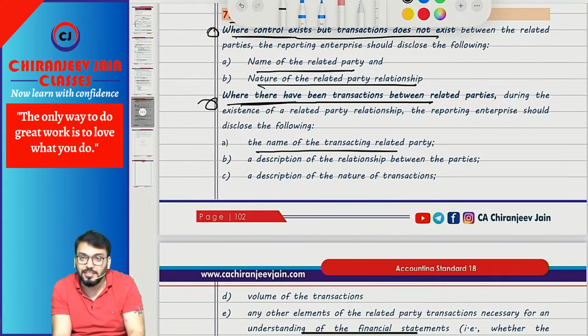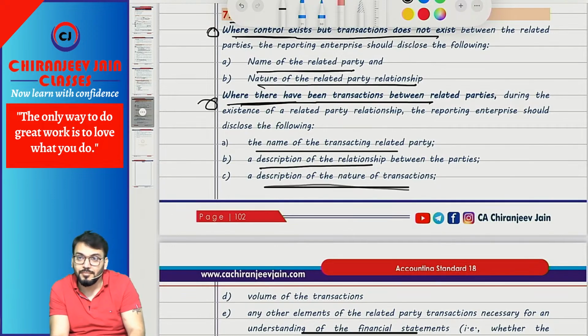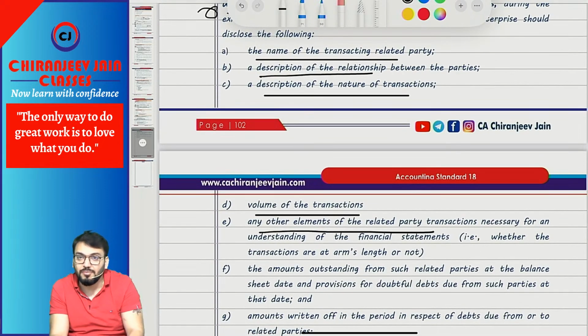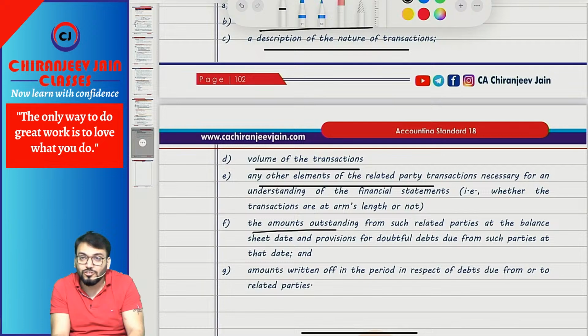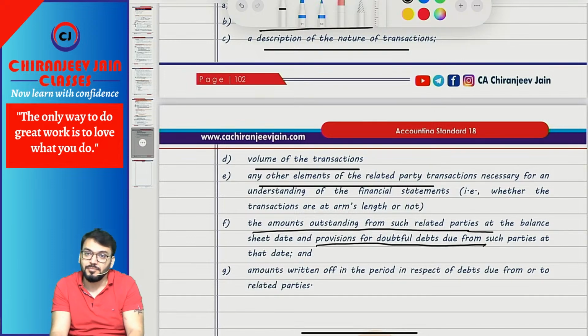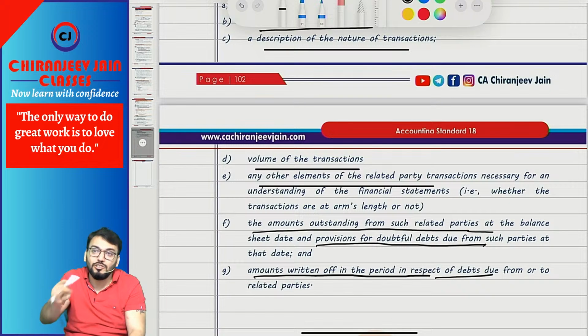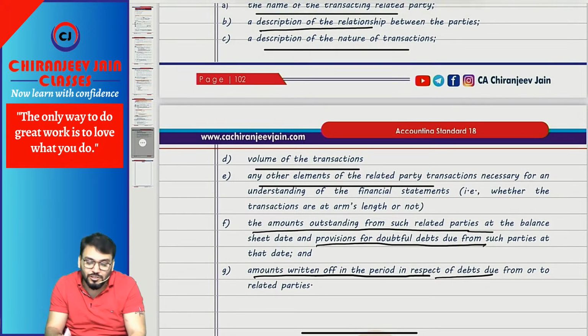The name of related party, nature of relationship, nature of transaction, the volume of transaction, any other element of related party transaction, whether it is adequate or inadequate, or price has been charged or not charged, the amount of outstanding balance from such related party at balance sheet date, or any provision for doubtful debt due from such related party, or amount written off in the period in respect of debt due from related party. So if any amount has been charged to PL in respect of debt due from related party, it should also be disclosed. So these are the disclosure requirements.